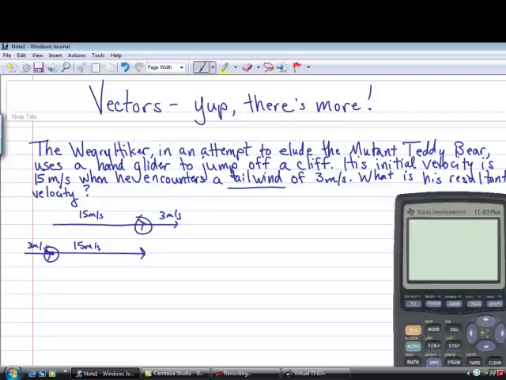All you have to do is add the 15 and the 3, and your resultant would be 18 meters per second. Now you could put a positive sign in front of that, or you could leave it because by omission you are saying that this is a positive value. So his resultant velocity is 18 meters per second in the positive direction.